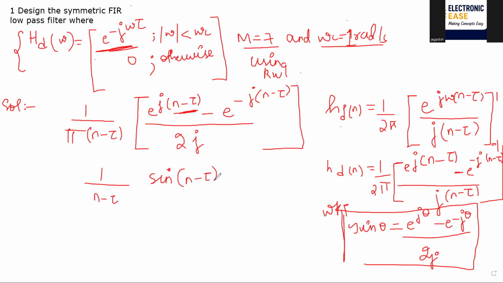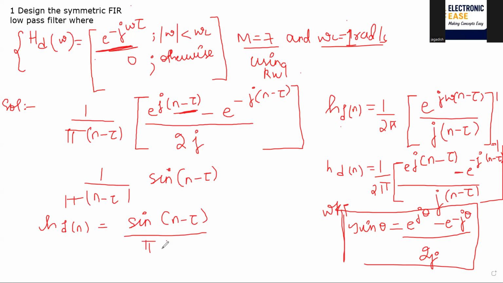So the final expression for hd of n is equal to sine into n minus tau divided by pi into n minus tau. This pi I had forgotten. Pi into n minus tau.